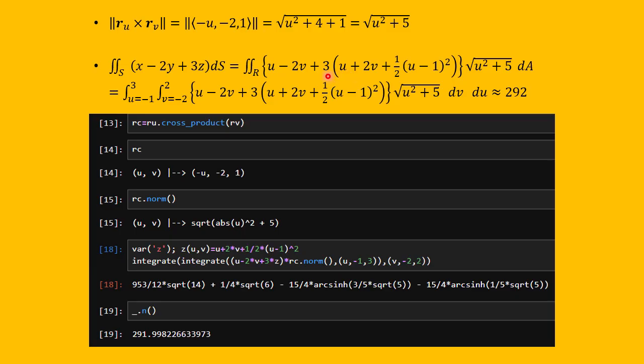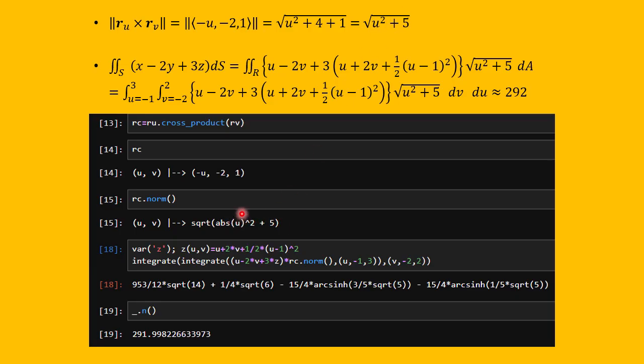First of all, just to check what we have up here, the norm of the cross product. The cross product was stored in RC, so we can evaluate that by RC.norm with parentheses. And it tells us that it's the square root of the absolute value of u squared plus 5, which is basically what we have here.